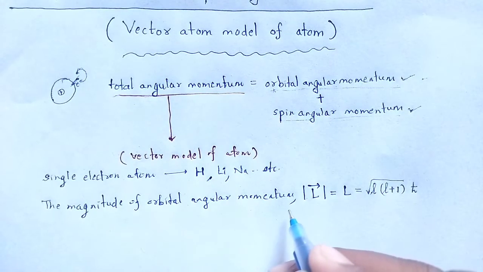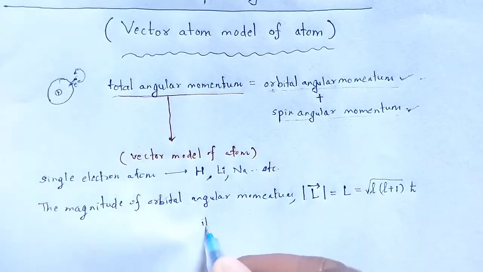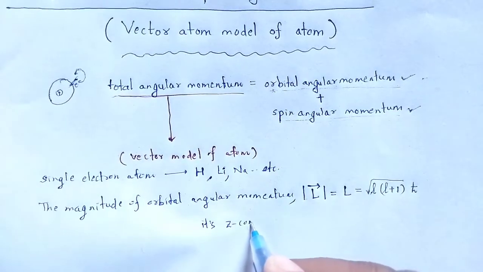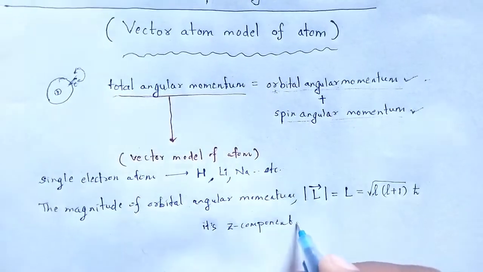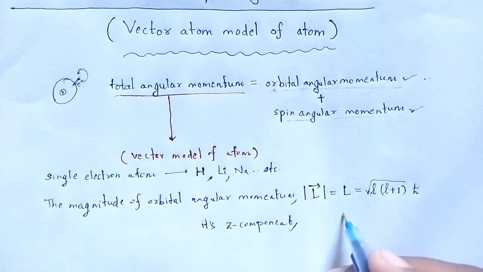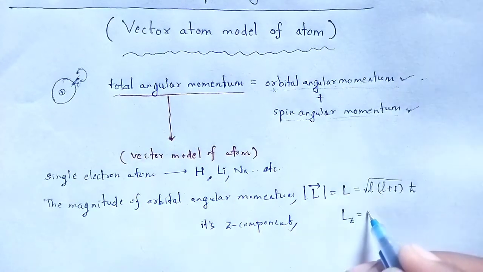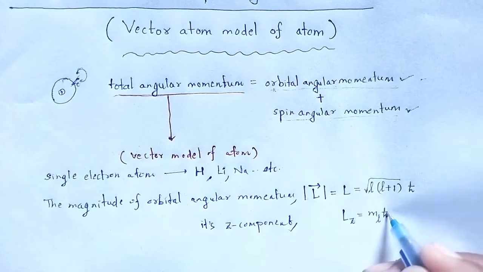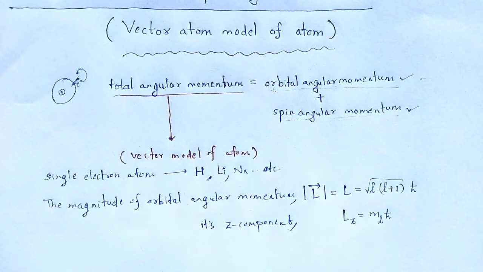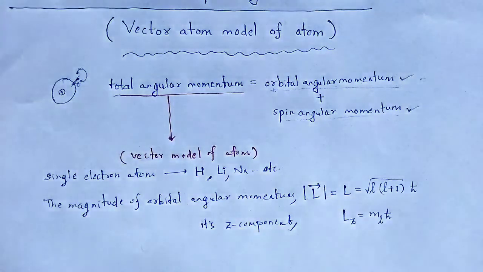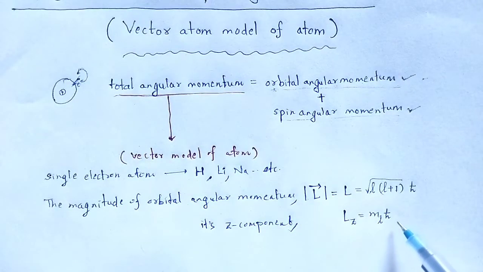and its z component, that is Lz, is equal to ml h cross, where ml is known as the magnetic quantum number.